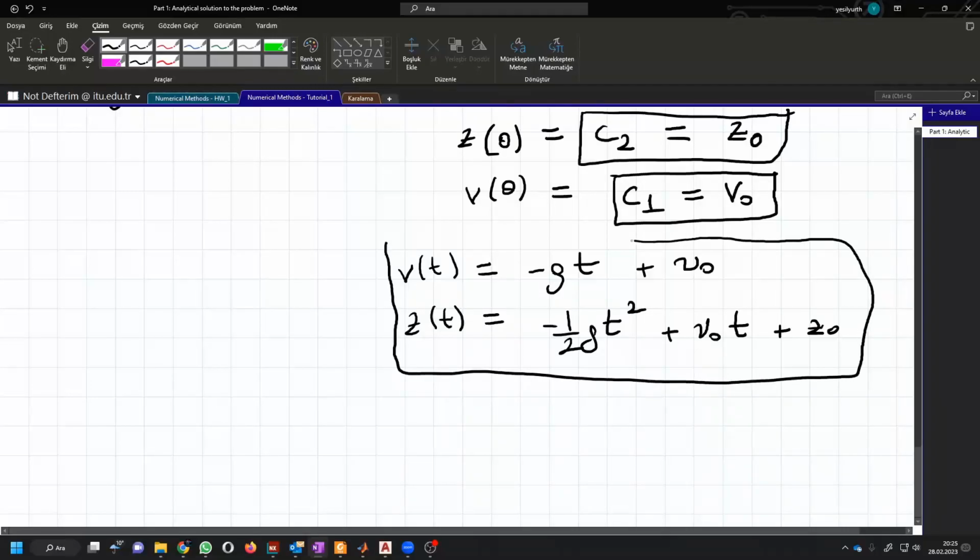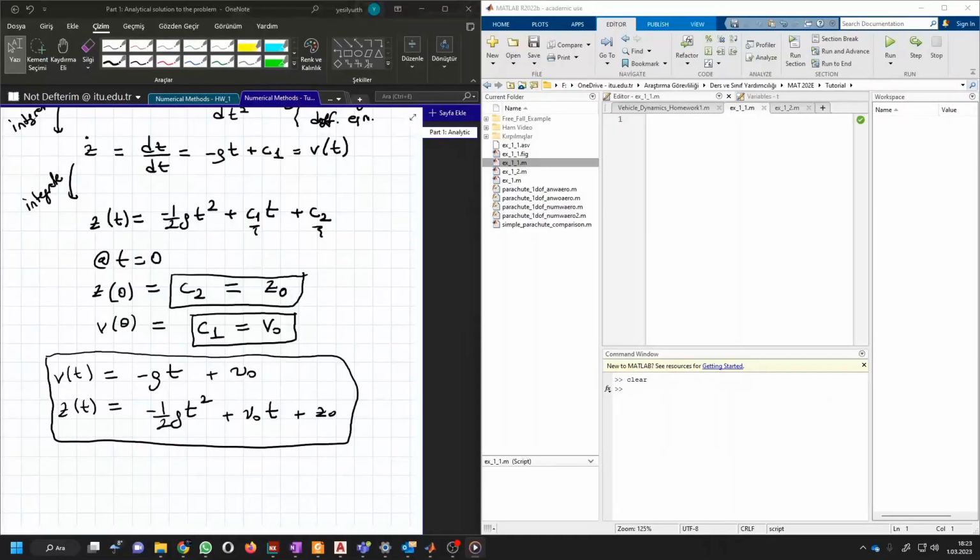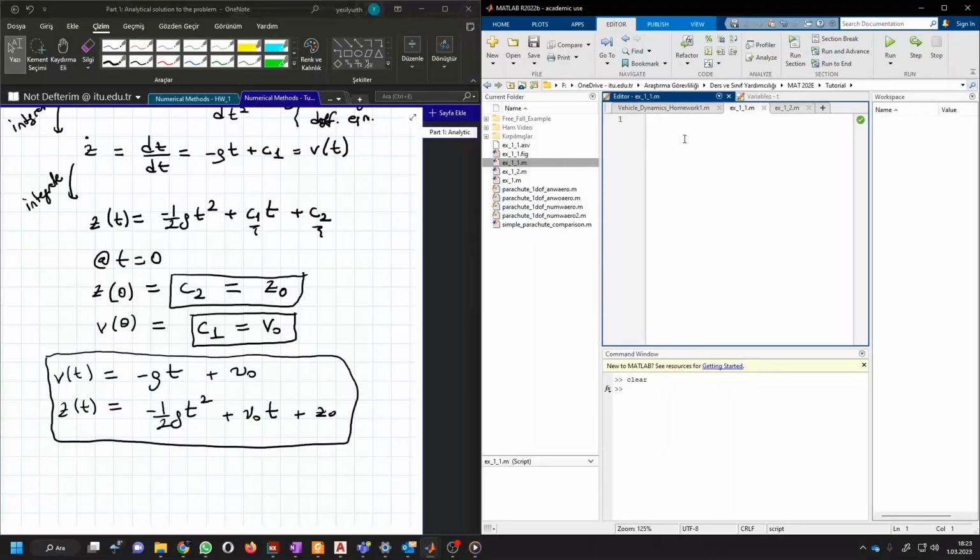So you are probably familiar with these two equations from your high school courses. We can go to MATLAB and visualize our first analytical solution.